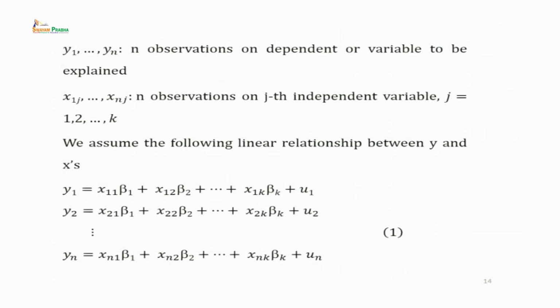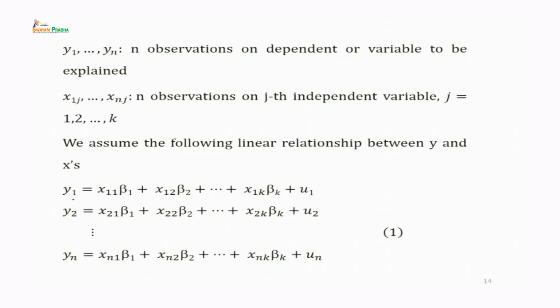So, again we take n observations on the dependent variable, then you have n observations on the jth independent variable, and in all you have k independent variables. So, these are the n observations on the jth independent variable, and j varies from 1 to k. Then we assume the following linear relationship between y's and x's.